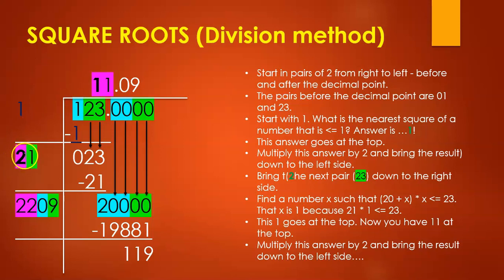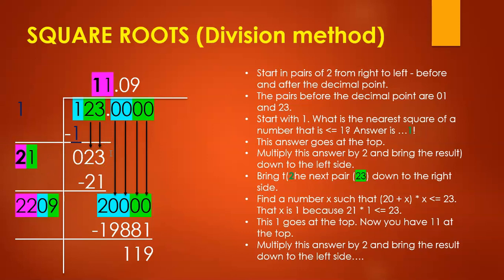That's why I have 2 here in bold, because we multiplied 1 times 2 to get 2. Now we also bring 23 from the right side and bring these 2 digits down. So what we have is 2 and 23.